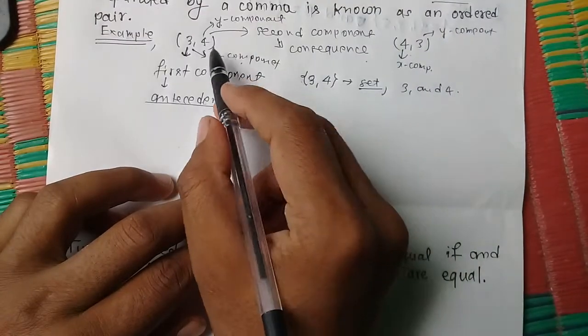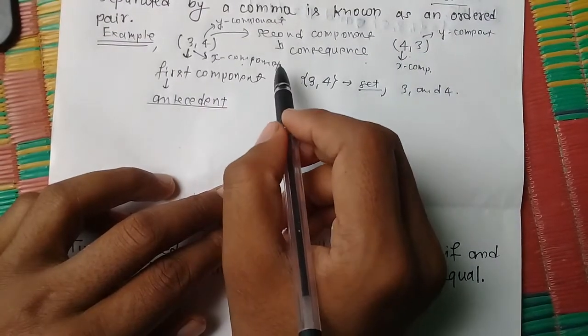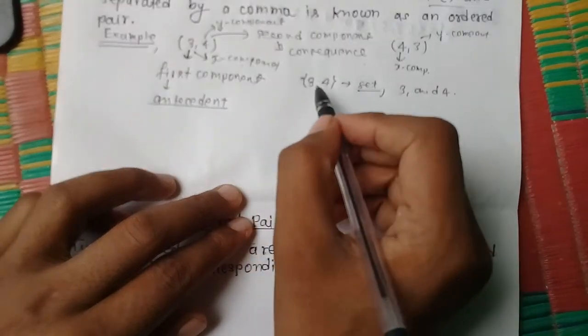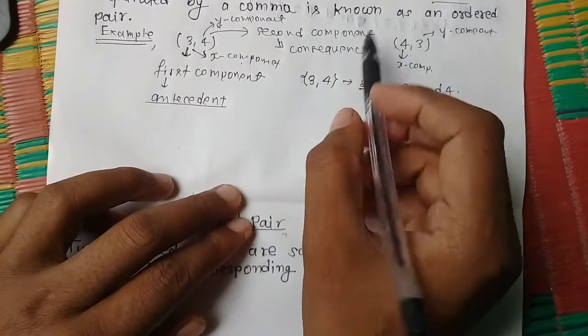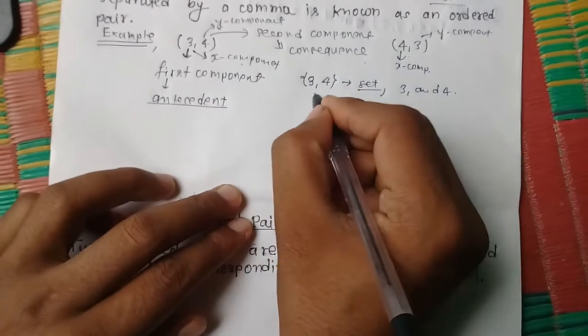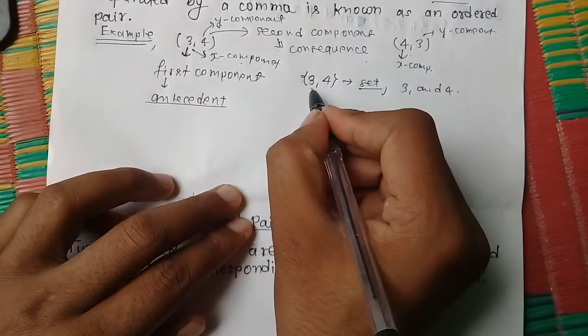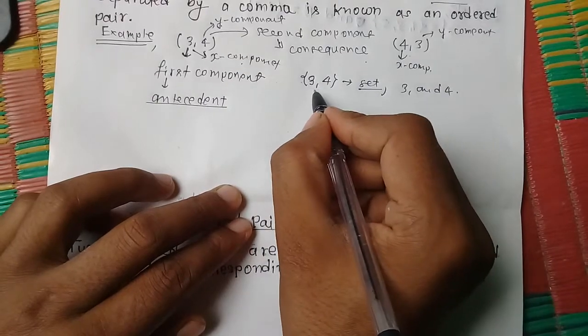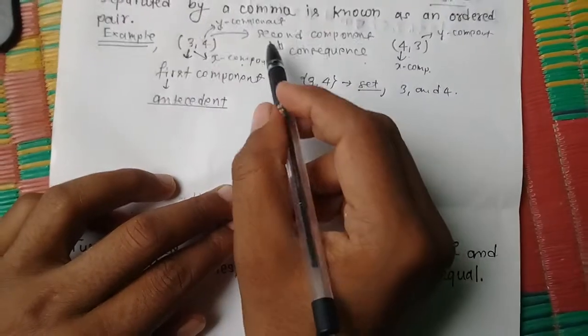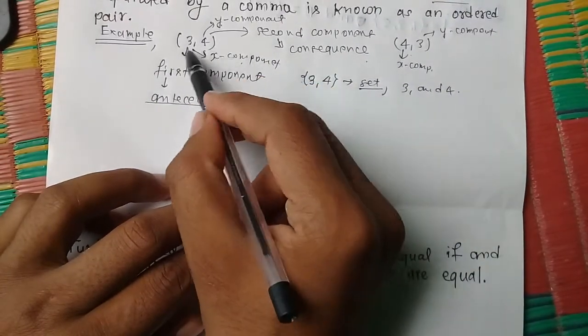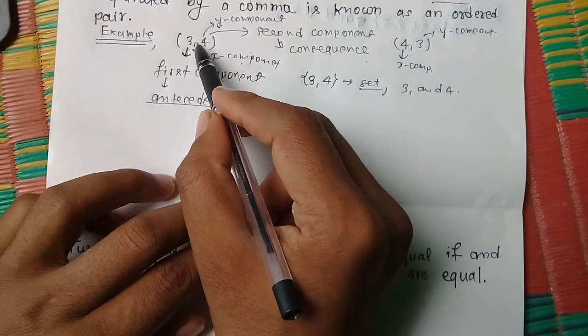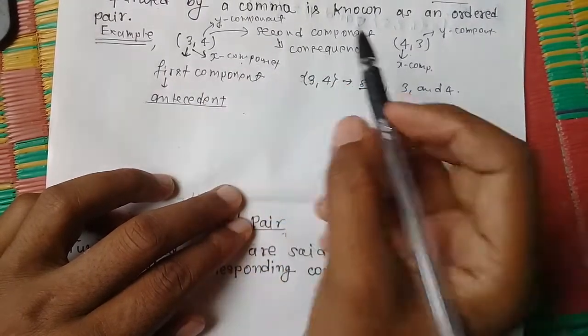So an ordered pair is always enclosed in a small bracket and separated by a comma.